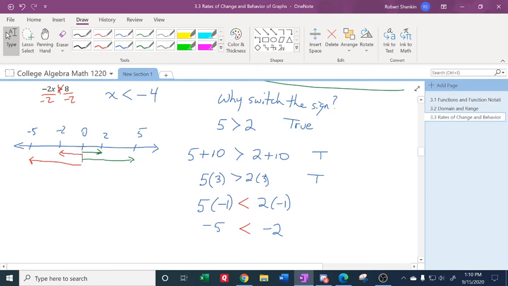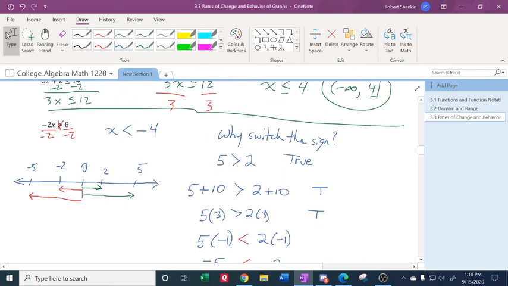But if they had a reversal of fortune, and some disaster happened, disease went through and killed off all their animals, they'd go from having the best situation, 5 cows, to having the worst situation of owing somebody 5 cows and having nothing. That negative just flips them all around. And so that's why, when you multiply or divide by a negative number, the sign of the inequality has to switch at the same time.